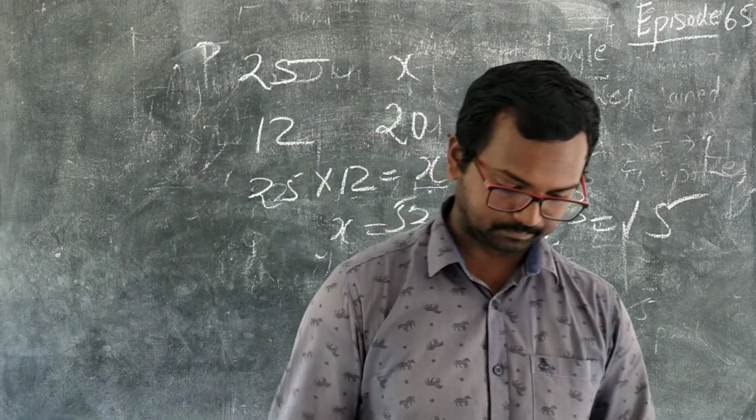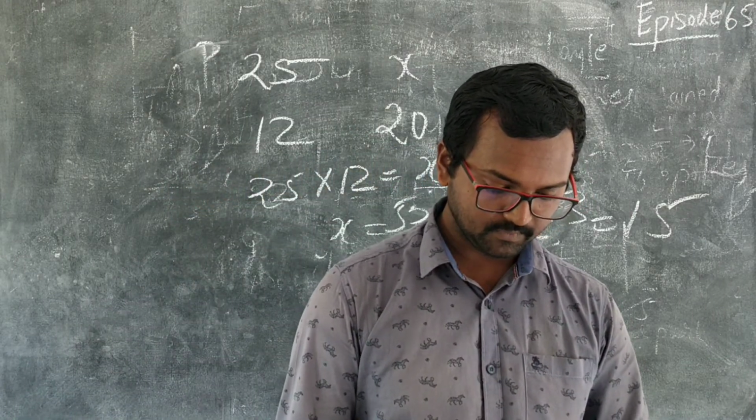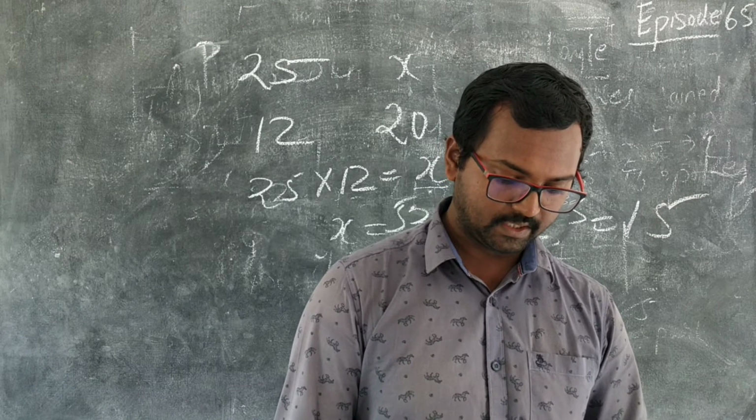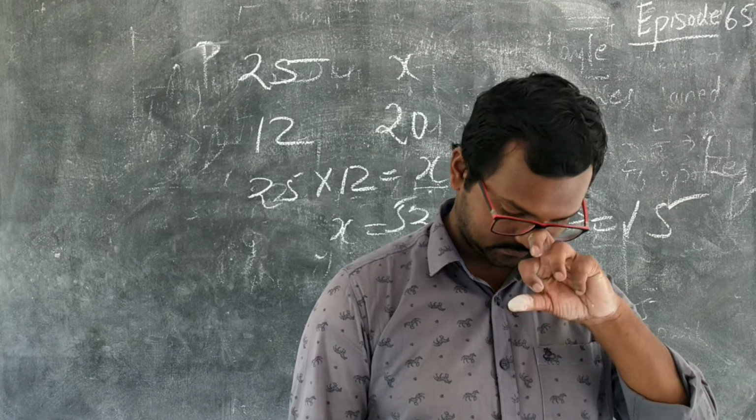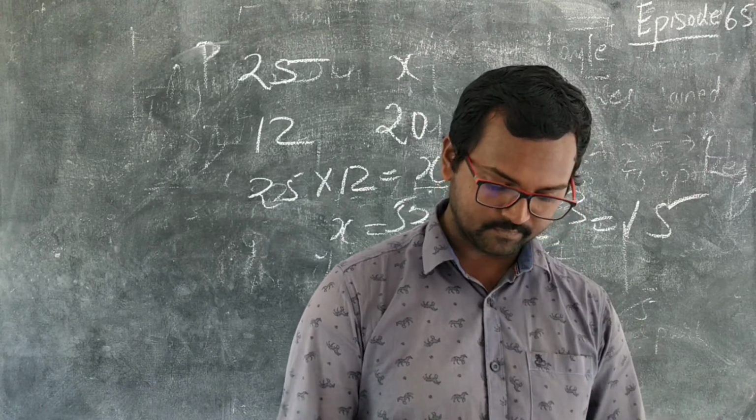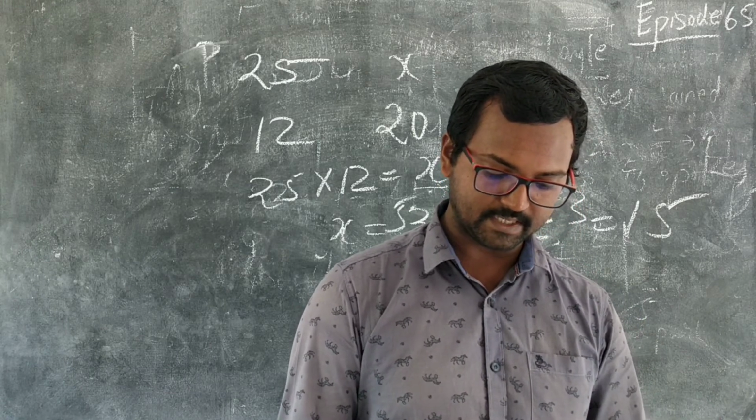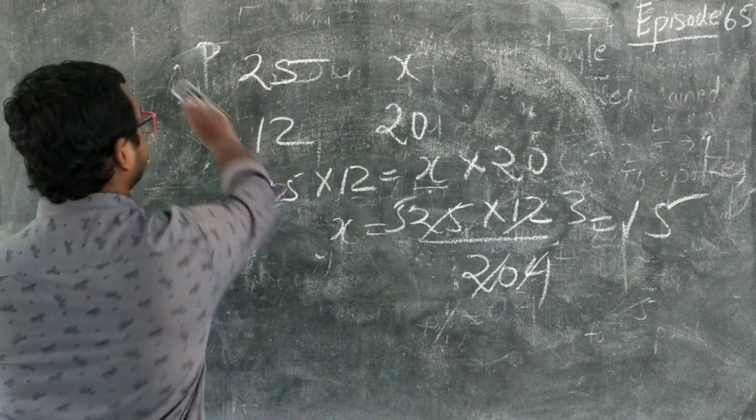Okay, now the next one, the eighth one. A factory requires 42 machines to produce a given number of articles in 63 days. How many machines would be required to produce the same number of articles in 54 days?